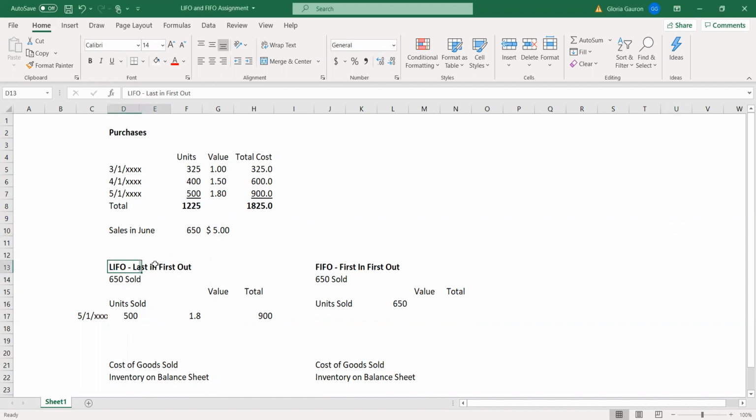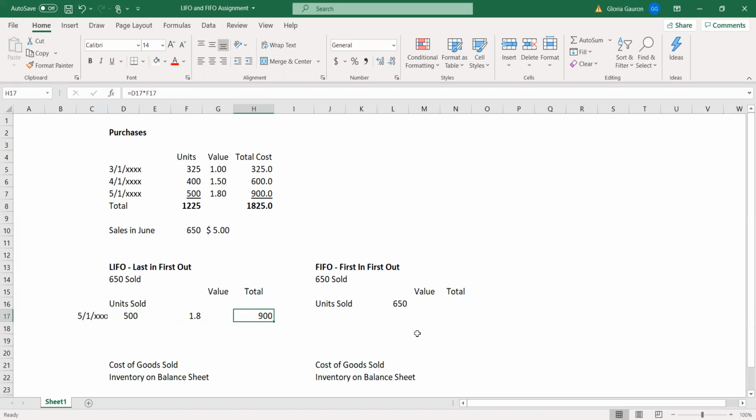So coming down here, you can see here's LIFO. I've sold 650 units. So my May 1st purchase, I purchased 500 units. So I have to take all of those units at $1.80, bringing my cost of goods sold to $900.